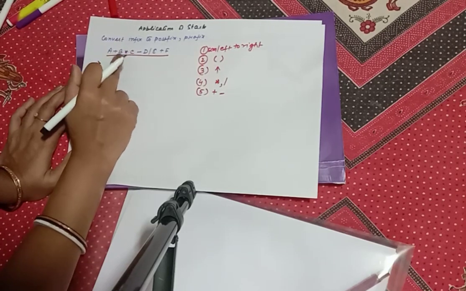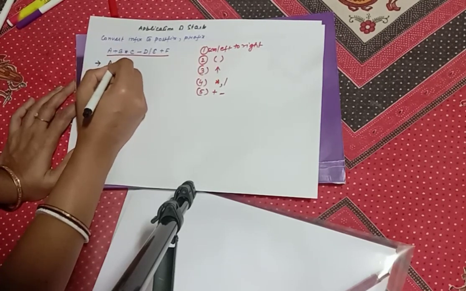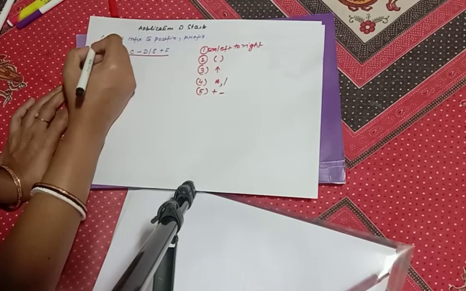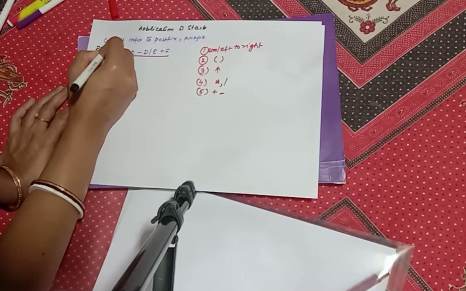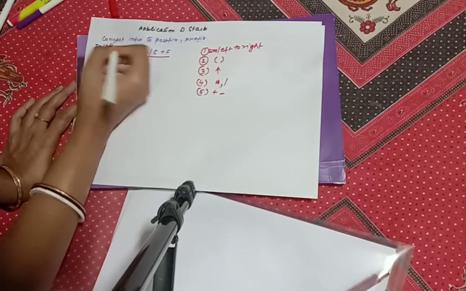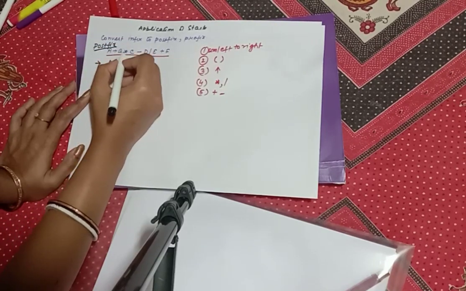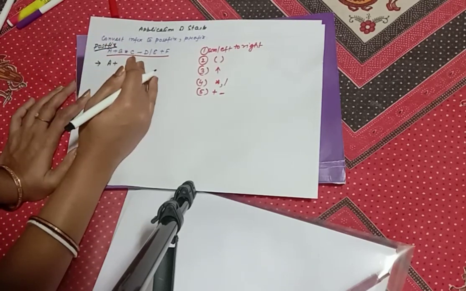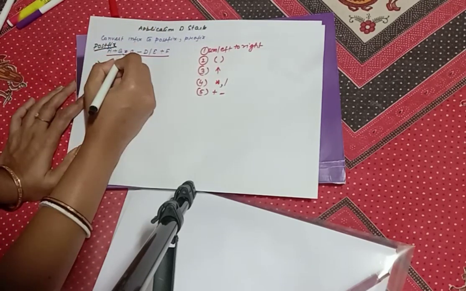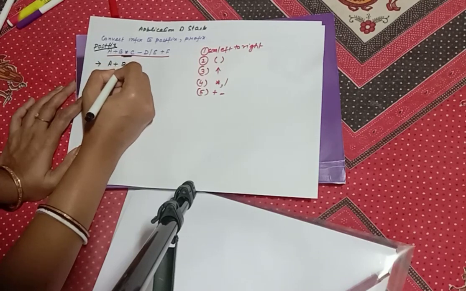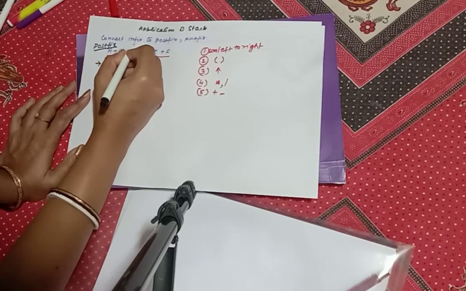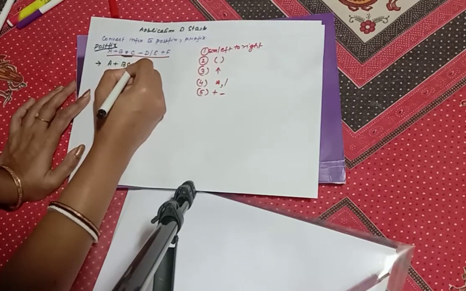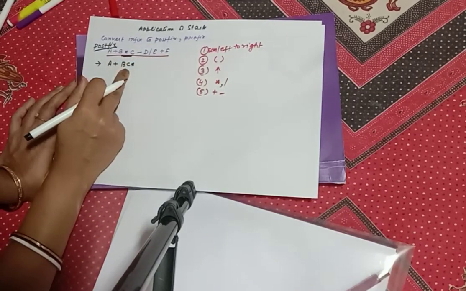So we will solve this portion first, that is B into C. To convert, let us convert into a postfix expression. Since in case of a postfix, the operator is placed after the operands, here we will write BC. The operator is transferred at the last. So it is written like this.